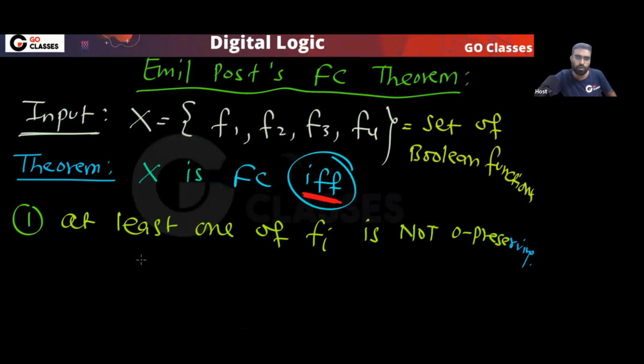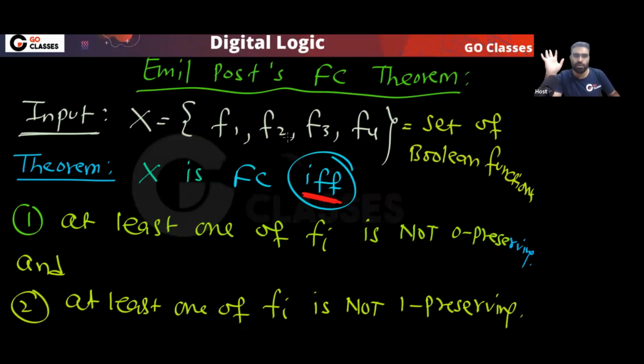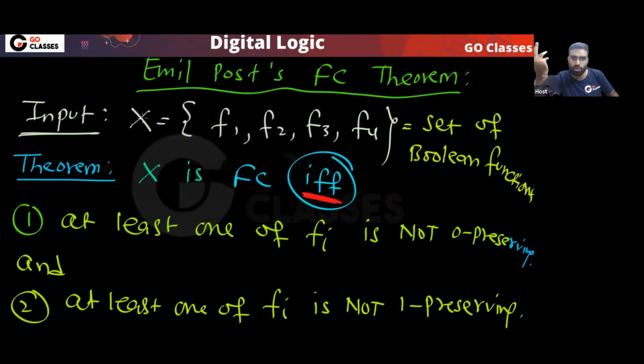And at least one of them should be not one preserving. Yes or no? See, notice, if all of them are one preserving, then X is not functionally complete.